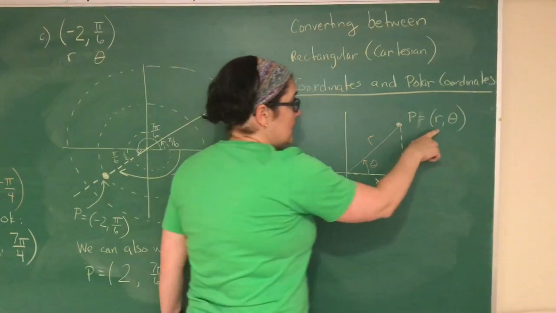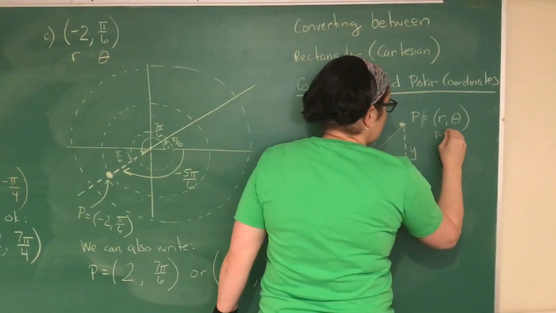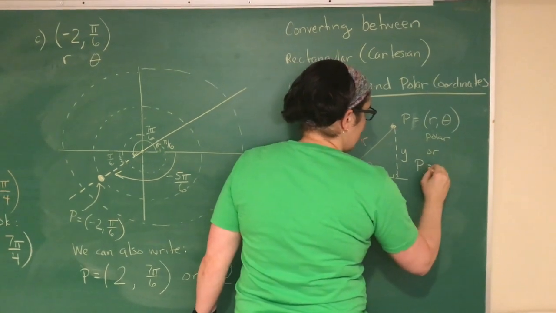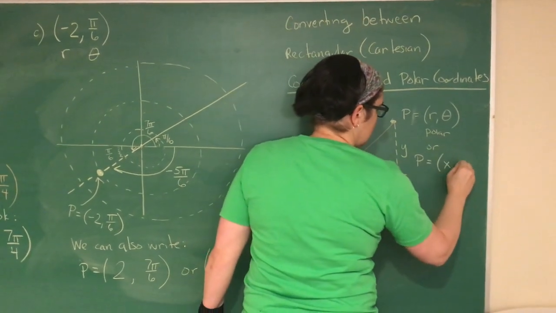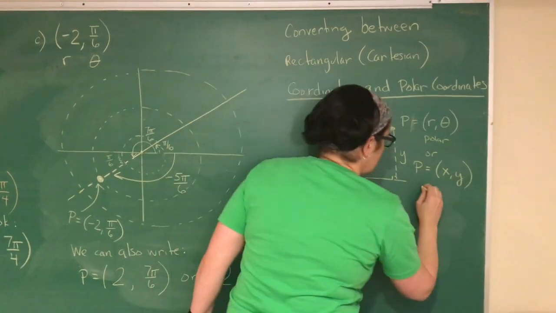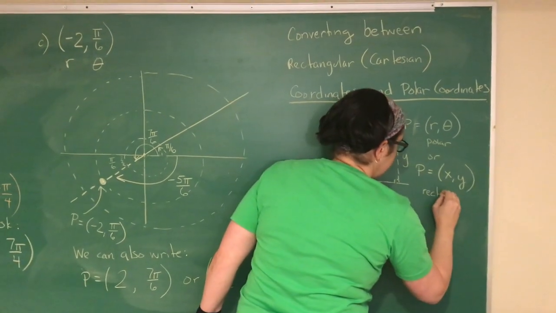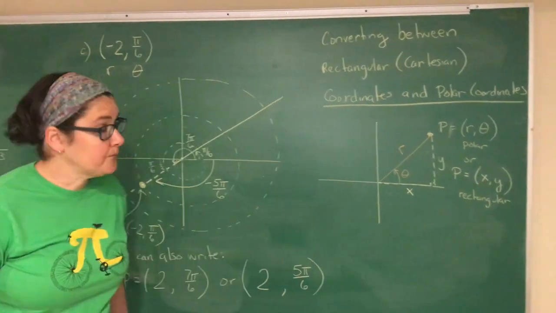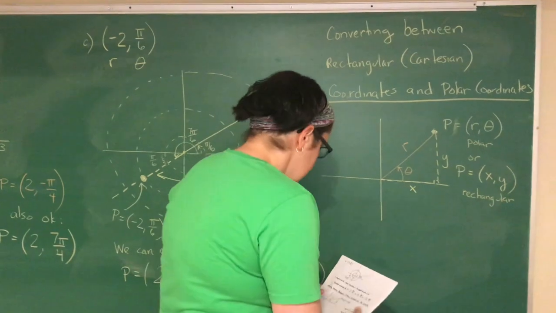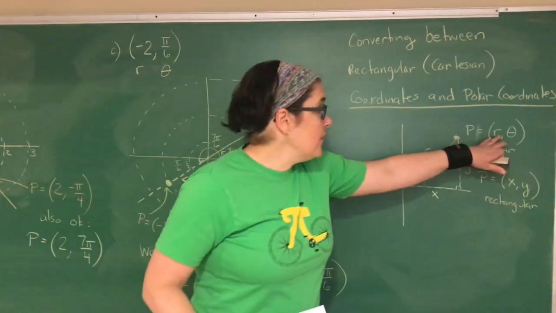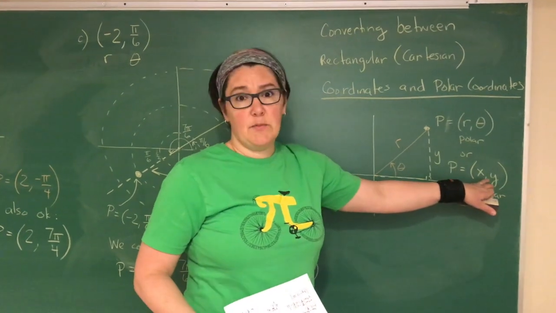So our point P can be written in polar coordinates with r and theta, or we can describe our point P with x and then y coordinates, which are rectangular or Cartesian coordinates. Okay, so what we want to talk about is relating the r theta version of our point to the xy version of our point.